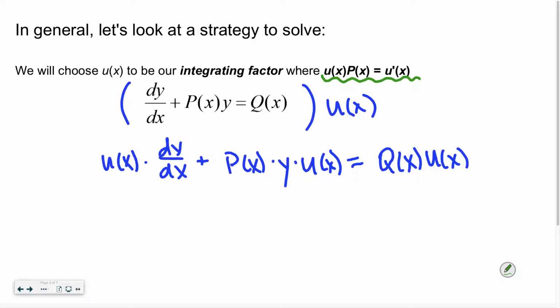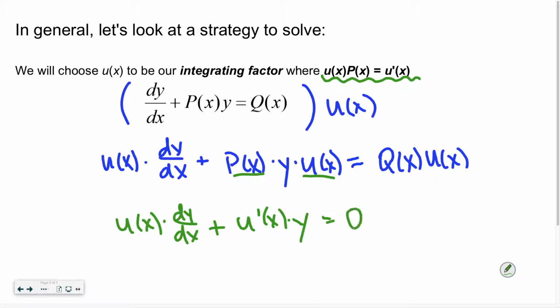Well, I see p of x times u of x, don't you? Commutative property, but I see it. So I'm going to change this to be u of x times dy dx plus p of x times u of x, which is u prime of x, times y equals q of x, u of x.